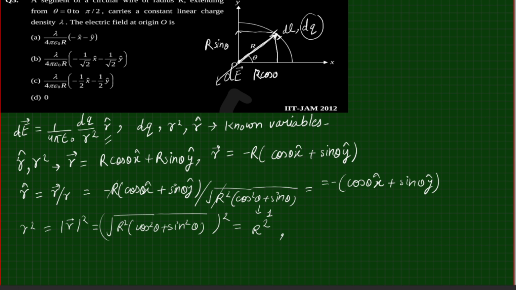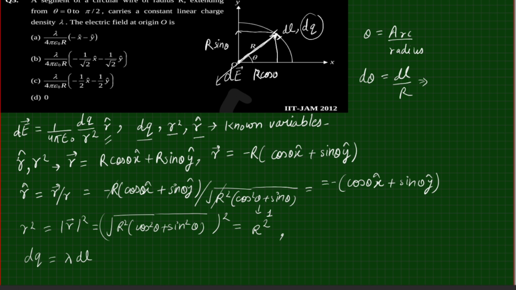Now we have calculated r square and r cap. Now we have to calculate dq. dq is given by lambda into dl, this line element, and we have theta equal to arc over radius, so this is d theta, arc is dl, and radius is r.